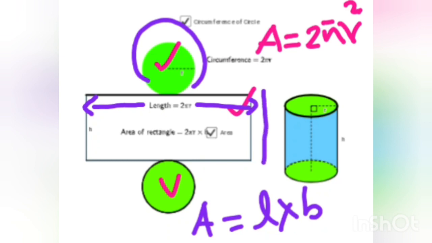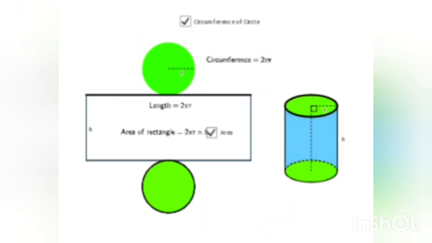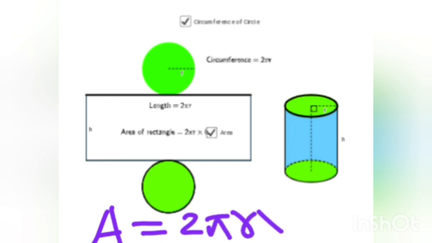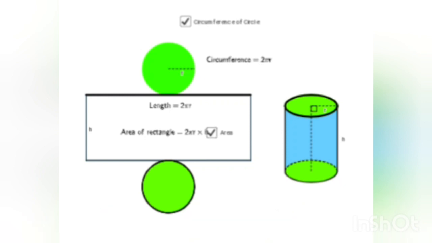It means in this case we will get the area of rectangular part is equals to L into B, length is 2 pi r and breadth is h. Hence the area will be 2 pi r h. This is the CSA of cylinder.